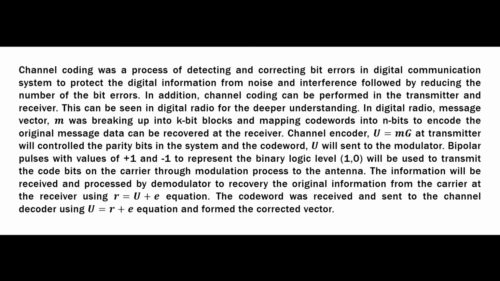The information will be received and processed by the demodulator to recover the original information from the carrier at the receiver using the R equal to U plus E equation. The code word will be received and sent to the channel decoder using the U equal to R plus E equation and form the corrected vector.